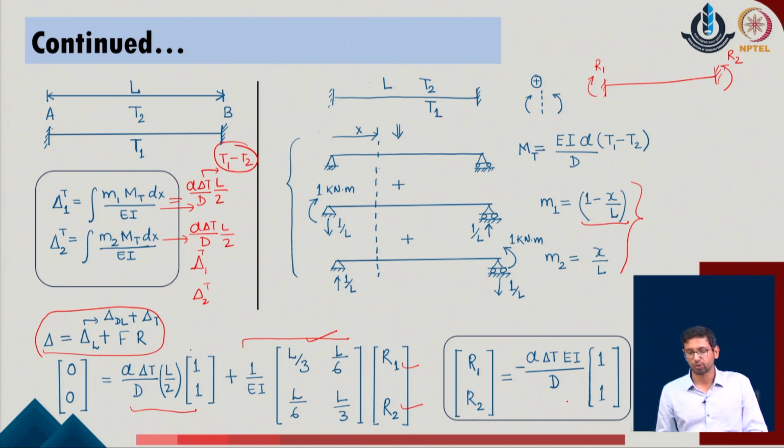So, once we are able to know this, we also understand that this is the standard expression for moment at the end of a fixed ended beam, which is subjected to only temperature field. Okay. So, we have tried to account for the temperature related distributions due to the given flexibility coefficients of the given system.